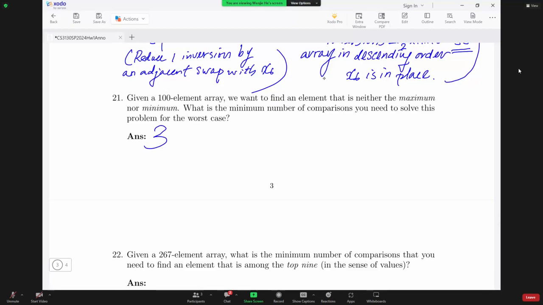Here, I like to use the problem size reduction idea. Because when you see 100 elements, it's a relatively large number, so many students feel it's hard. How do you work on 100 elements? Too many.